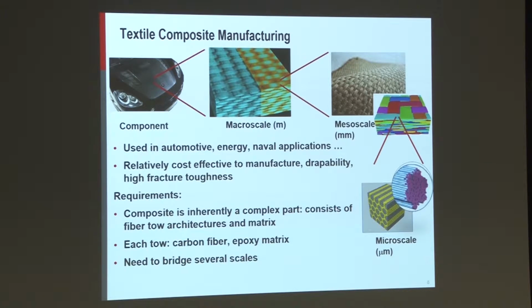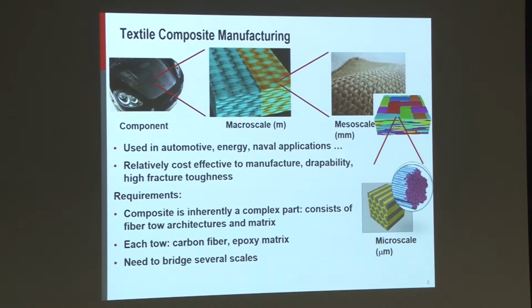And they're stacked on top of each other, infiltrated with resin, and solidified to achieve a macroscale panel of the order of a few meters, which are further used in components. Now, the bundles of fibers called tows are of the order of a few millimeters, which constitute the mesoscale in our structure.